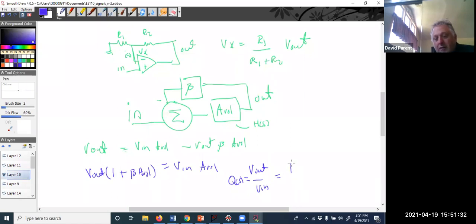So we have open loop gain over 1 plus beta open loop gain. Now, what we're saying is when beta times the open loop gain is much, much greater than 1, what we're really saying, that's another way of saying the open loop gain is going to infinity, which ultimately gives us 1 over beta.